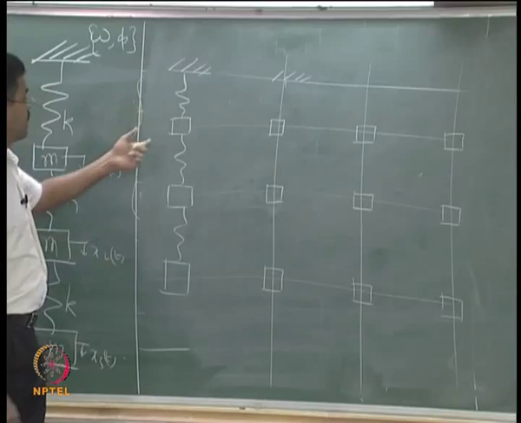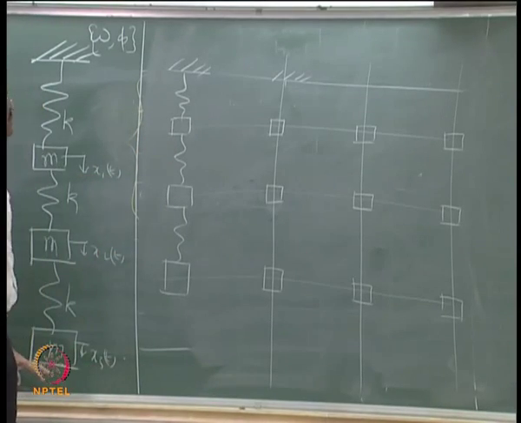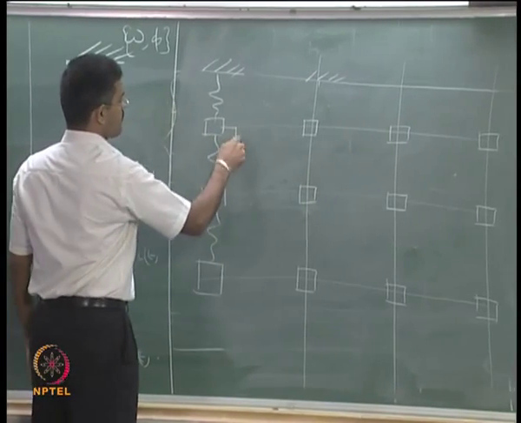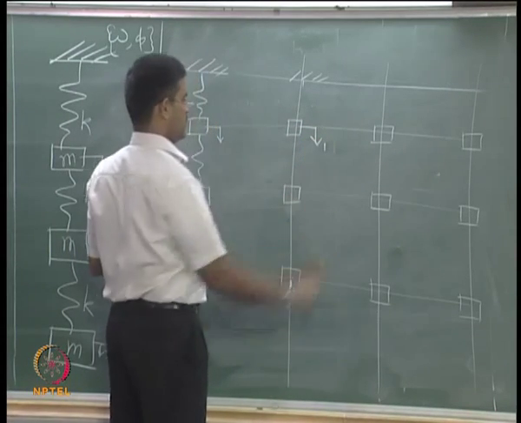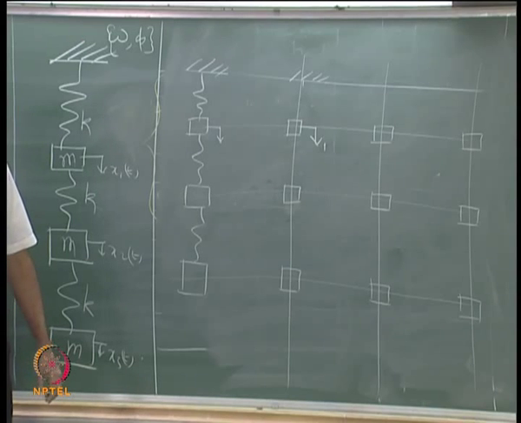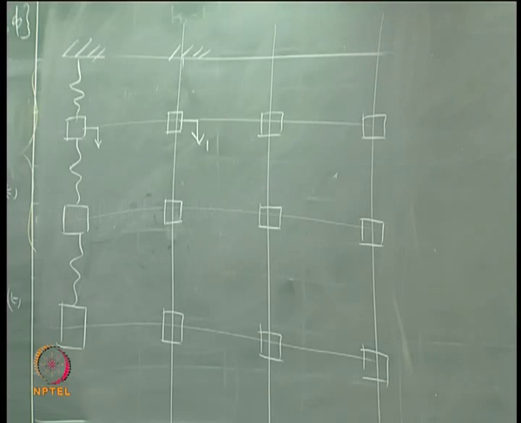The mass values may be m, 3m, 4m, we are not bothered about that. What I am going to do here is take the first degree and apply unit force, because I am working out the influence coefficient, and I am working out the deflection for this.